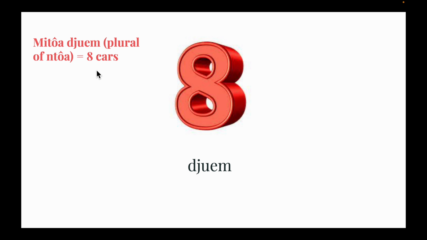To say eight cars is mitoa dwem. So number 8 in Bassa'a is dwem. If we want to add a noun to it, we're using cars, we would say mitoa dwem. If we wanted to say one car, we would say ntoa yara.